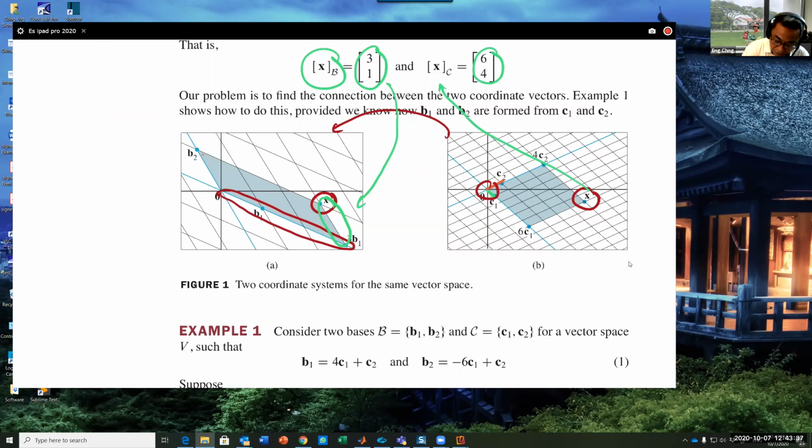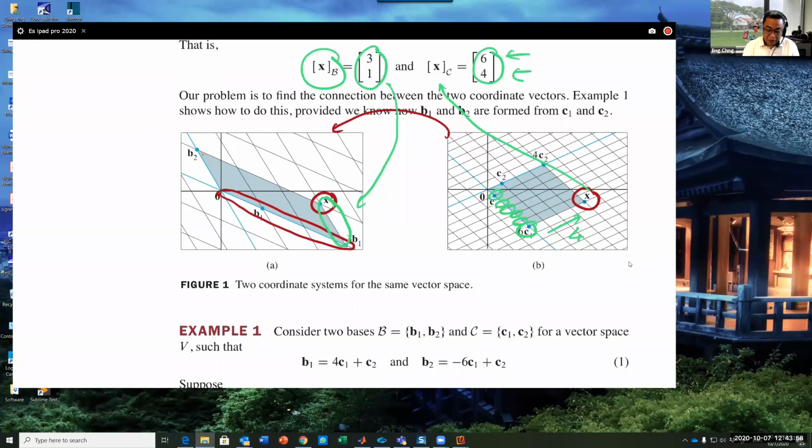So he is moving 6 positions along the first coordinate of C. So let's count 1, 2, 3, 4, 5, 6. And then he's moving 1, 2, 3, 4 positions along the second coordinate of C. So that's why we have 6 and 4.